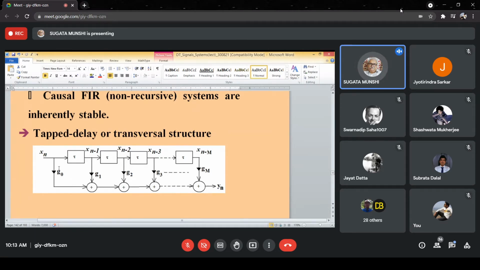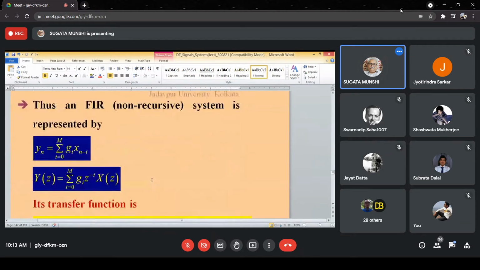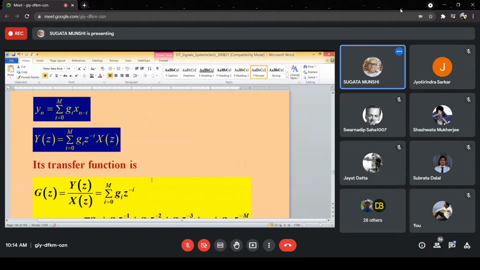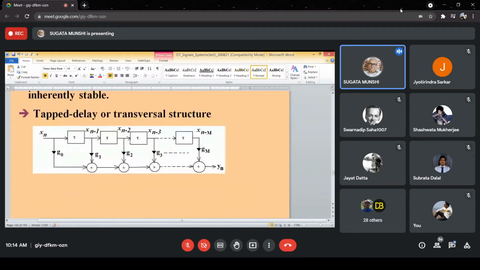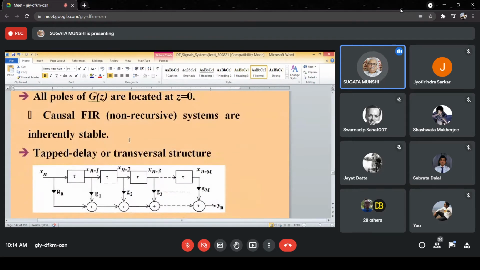So x[n] is multiplied with g0, x[n minus 1] is multiplied with g1, x[n minus 2] with g2, etc. And all these products are added to yield y[n]. Hope this is in agreement with what we have seen. If we blow it up, g0 x[n] plus g1 x[n minus 1] plus g2 x[n minus 2], etc. So that is the tapped delay or transversal structure for this non-recursive or FIR system.